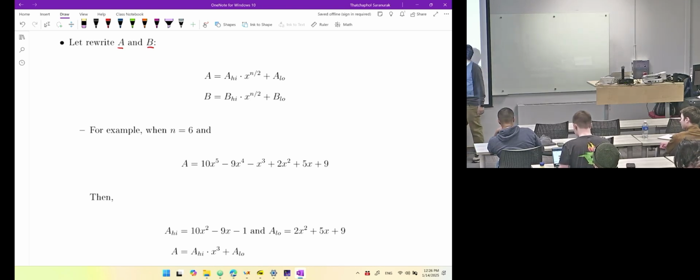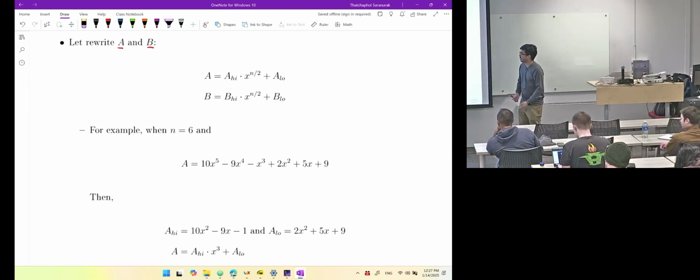The last 3, I write as A low. Then by dividing into A high and A low, I can write A as A high times x cubed plus A low. So having a polynomial of degree n, you can define 2 polynomials of degree around n over 2 in this very natural way.